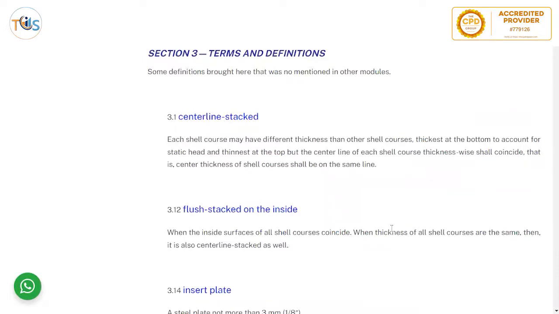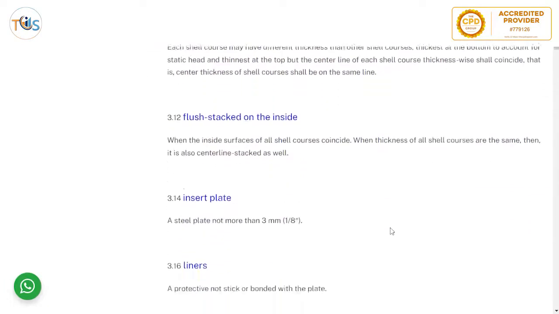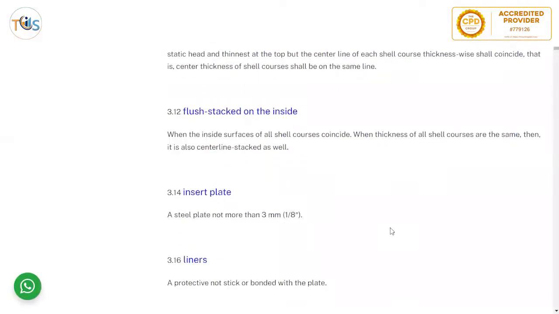Section 3, terms and definitions. Some definitions brought here were not mentioned in other modules. Center line stack. Each shell course may have different thickness than other shell courses. Thickest at the bottom or first shell course to account for static head, and thinnest at the top.